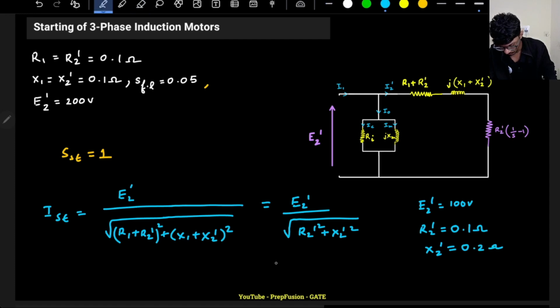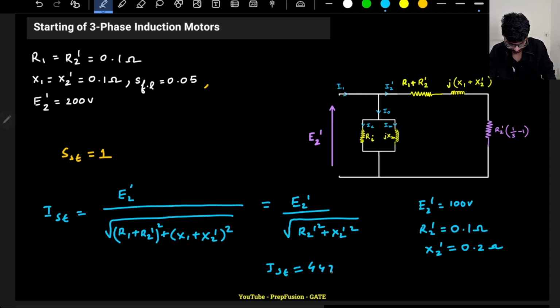So if I calculate the starting current, it is 0.1 whole square plus 0.2 whole square under root, 0.223, and into 100. So it comes out to be a very high value, 447 amperes.